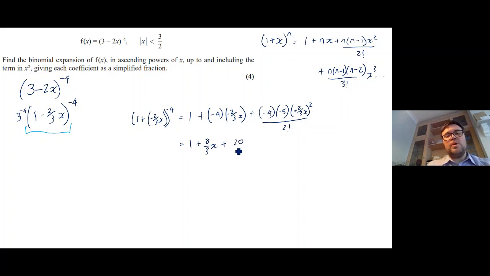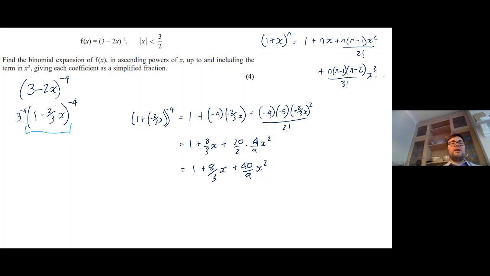I'm going to put 20 over 2, and then that is going to be 4 over 9 x squared. So it's 1 plus 8/3 x plus 40/9 x squared.